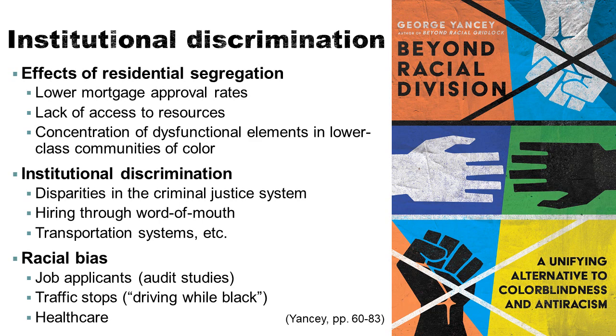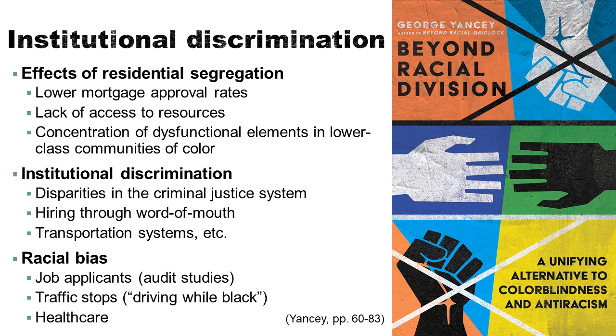Now, there is an entire field of studies that are known as audit studies. And here's how this works. This is often conducted by sociologists. And what they do is they send out resumes to employers that have posted want ads. And those resumes are identical in every way except for one factor.